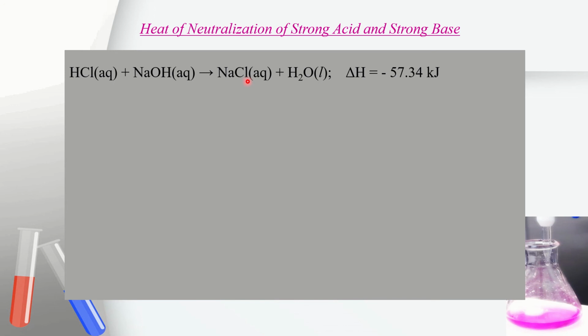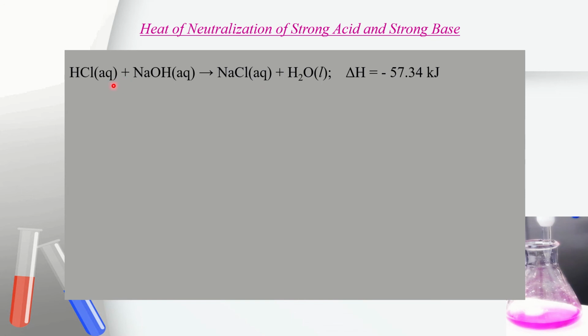Now, dear students, do you know why a heat change or enthalpy change occurs in a reaction? When any reaction happens between two or more reactants, the bonds of the reactant molecules are broken, and new bonds of the product molecules are formed.